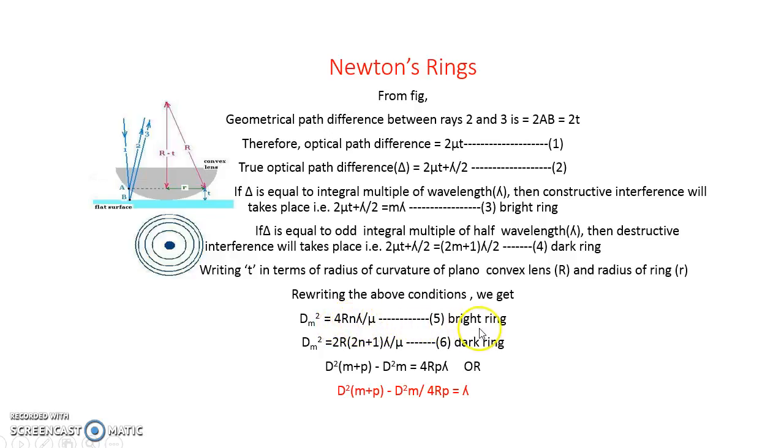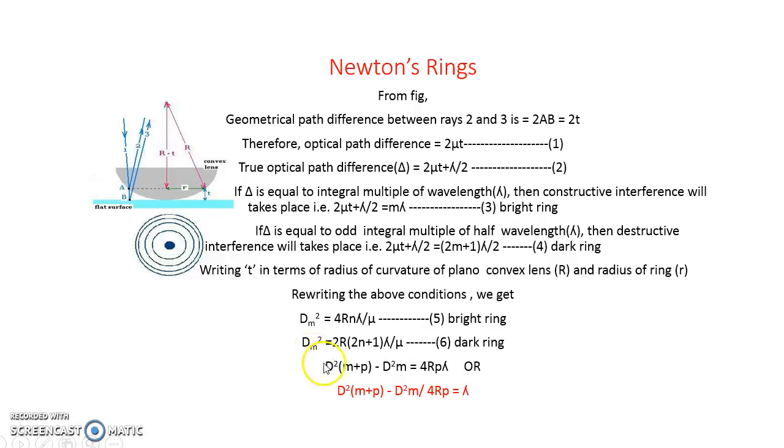This is the condition for a bright ring, and d_n square equals 2 R (2n plus 1) lambda by mu. This is the dark ring, where d_n is the diameter of the nth dark or bright ring.